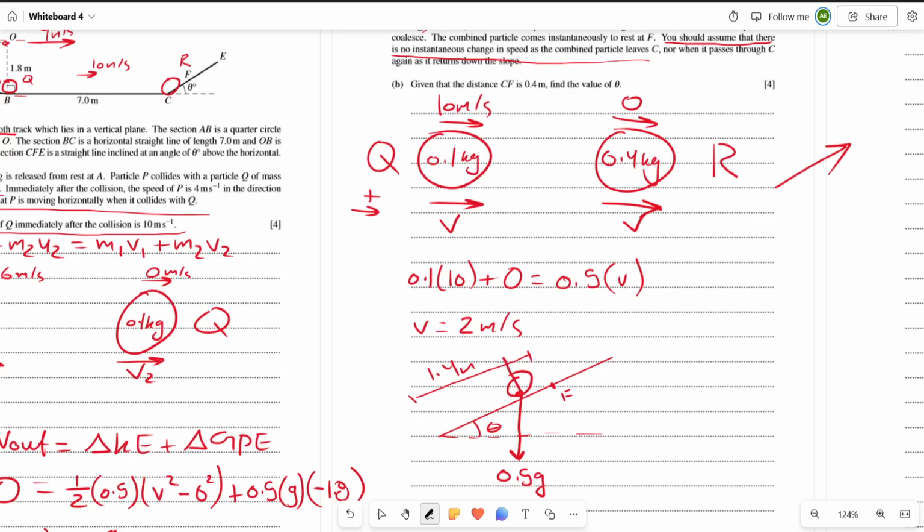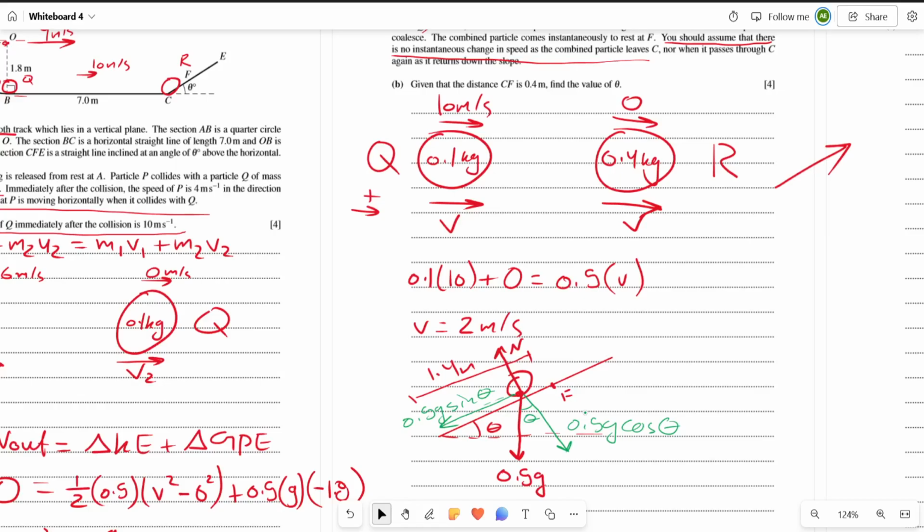I'm going to have the normal reaction. Okay, I don't have friction because this is a smooth track. Let's resolve this weight into two components, the component parallel to the slope and the component perpendicular to the slope. If this is theta, this is theta. This is going to be 0.5 g sine theta. This is going to be 0.5 g cosine theta.